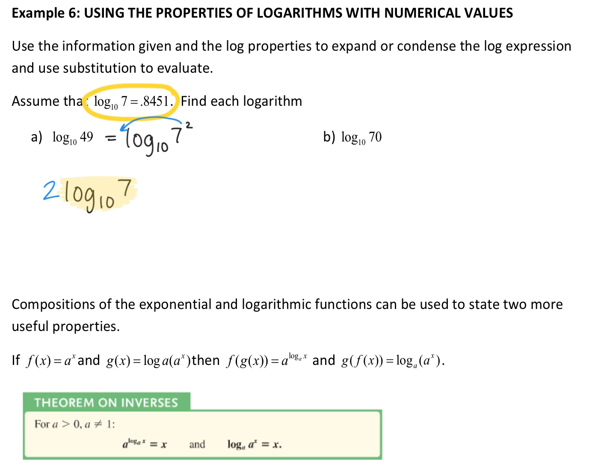So it's going to be 2 times what you know it is, 2 times 0.8451. And you can use a calculator for that. It's going to get you a value. I have 1.6902.